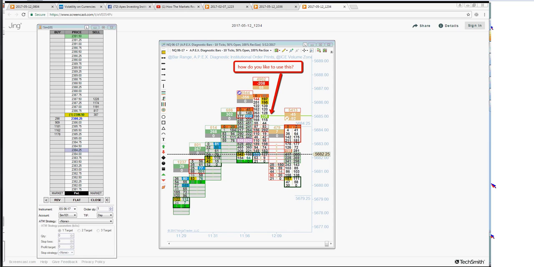Toggles the chart display. Let me see here. Let me pull it up so I can see what you see. Let me log into my demo if I can remember my demo.